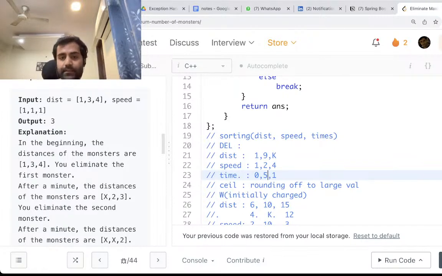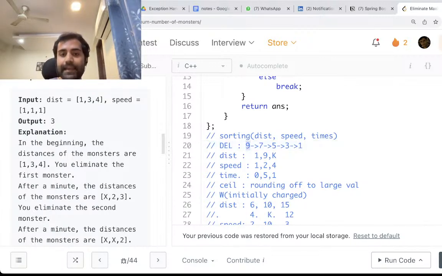It is guaranteed that the distance of this monster would reduce from 9 to 7, from 7 to 5, from 5 to 3, and then from 3 it would reduce to 1, right? And when it has reduced to 1, it doesn't mean that the monster has already arrived. The monster is still away. Do you understand my point?